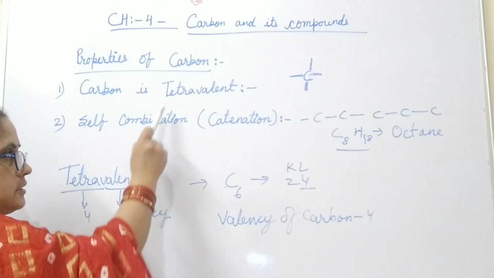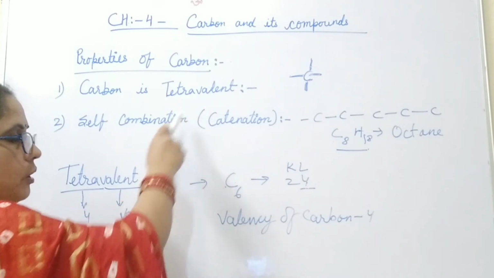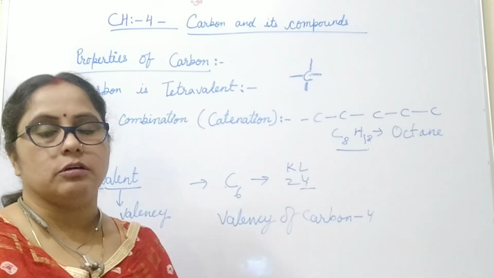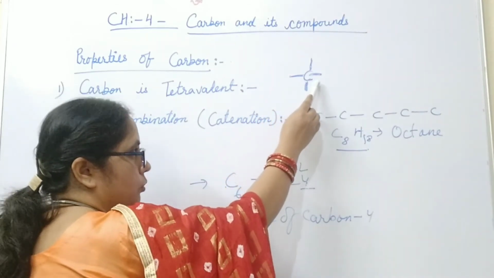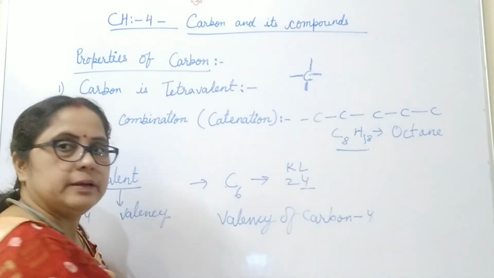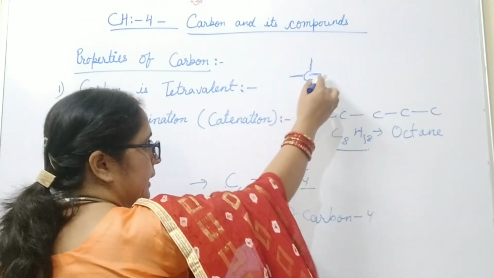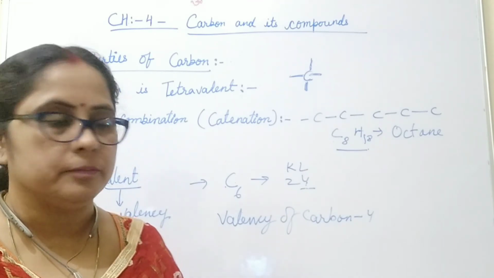The valency of carbon is 4, therefore it is called tetravalent, or the tetravalency of carbon. We show this tetravalency of carbon by using 4 lines on each carbon atom. These 4 lines indicate the valency of carbon, that is 4.